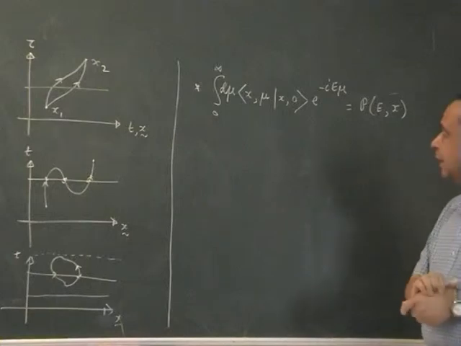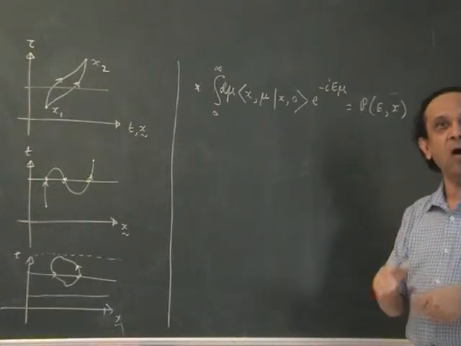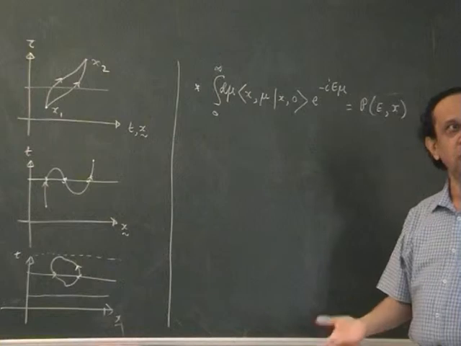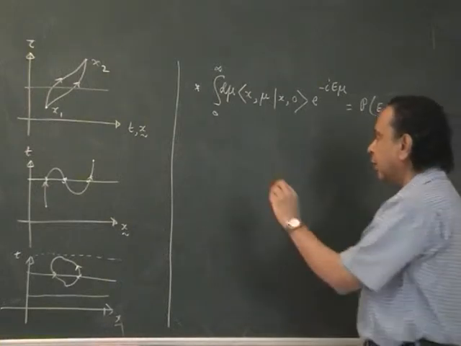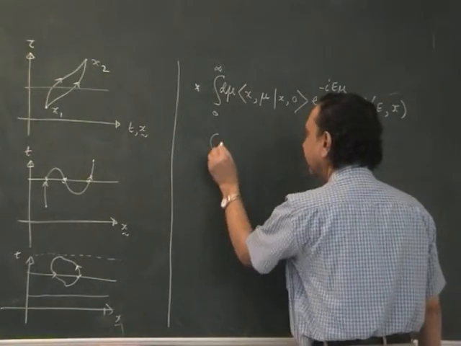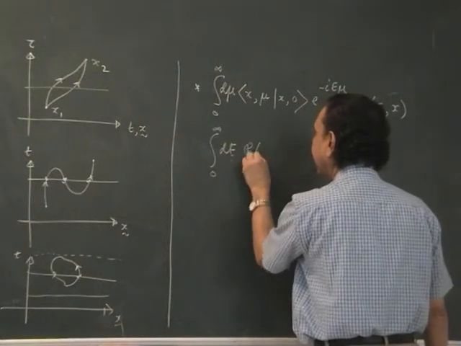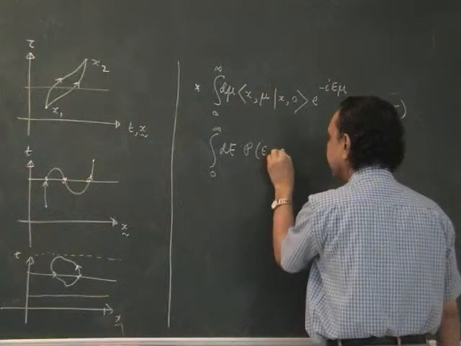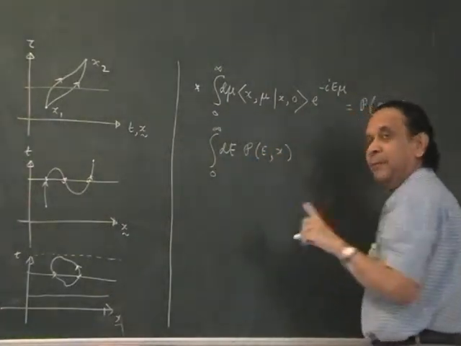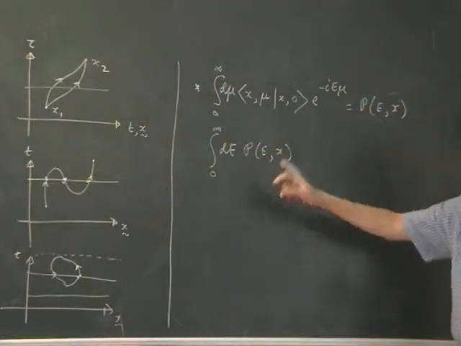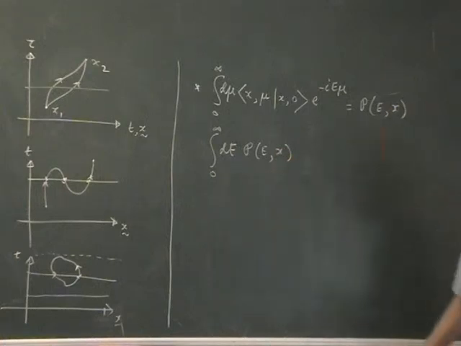Okay. Next thing I want to do is to add up all the energies, because I want to have a total contribution to the energy. So I am going to do the integral from 0 to infinity dE of this B(E, x). Though I am using B, these are amplitudes. My calligraphy tells you amplitude, I don't take mod squares.